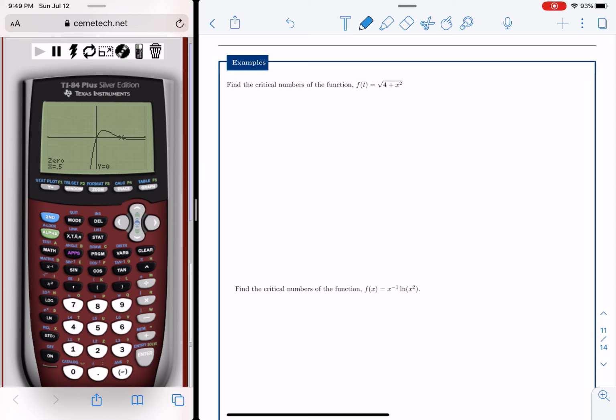So here, this should be a function of x, not t. We want to find the critical numbers for the square root of 4 plus x squared. So the first step is to find the derivative. f prime of x, that is simply 4 plus x squared raised to 1/2. So we would have 1/2, 4 plus x squared, raised to 1/2 minus 1, multiplied by the derivative of the inside, which is 2x.